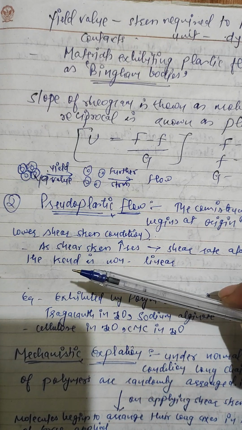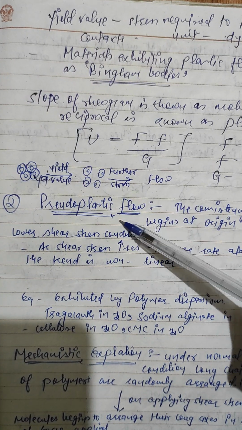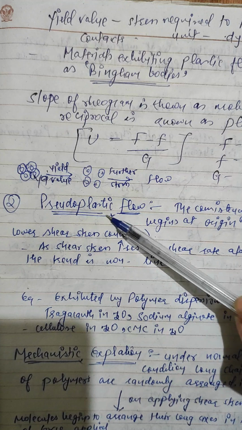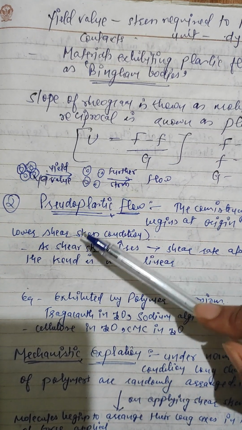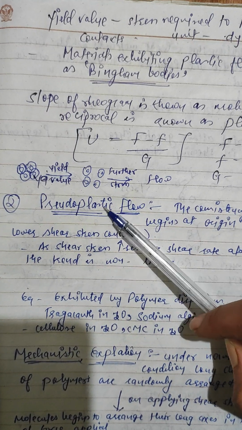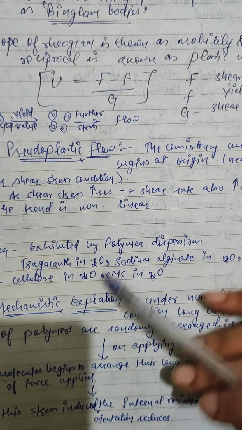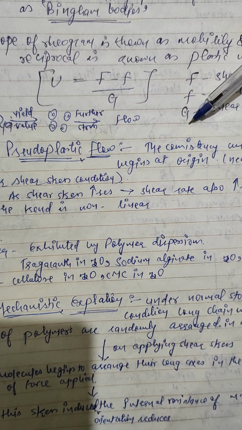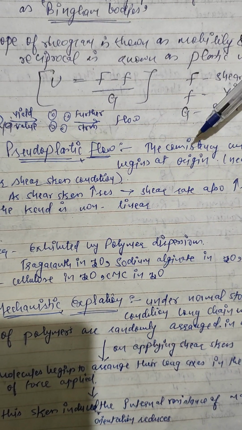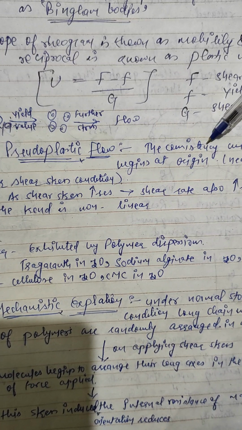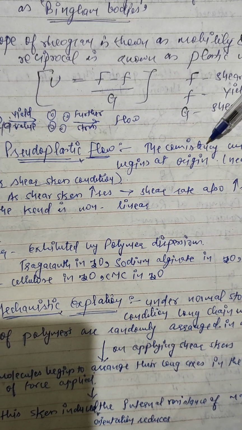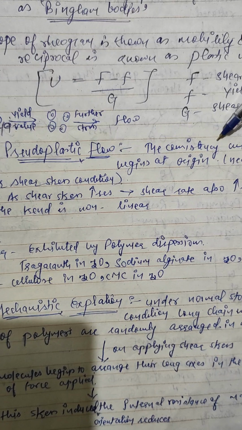Now we will see the next one, that is the pseudoplastic flow. Pseudo means what? Pseudo means false plastic, right? So we'll decode it further. Here also the consistency curve, or you can say the rheogram, the graph between shear stress and shear rate, begins at the origin.